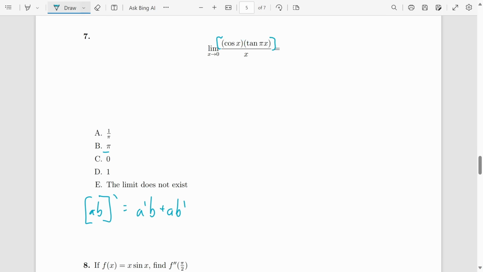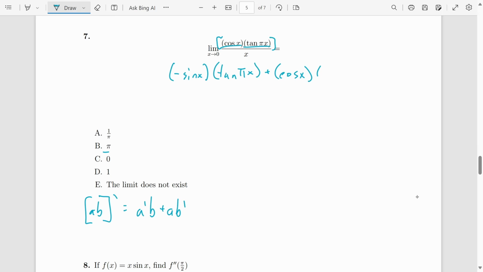So plugging in those, we'll have our derivative. We have a prime, that's the derivative of cosine x, that is negative sine x. B, that is tangent pi x. And then plus a, which is cosine x, times b prime, that's the derivative of tangent pi x.